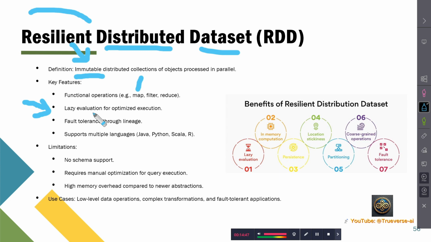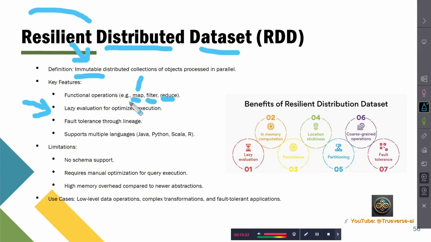In hands-on practice, you define something like map, filter, or reduce, and this is a transformation step. Then you define the logical plan and the physical plan, and you want to do an action. It takes time from the defining part to the action part when you want to do distributed processing. That's why lazy evaluation.